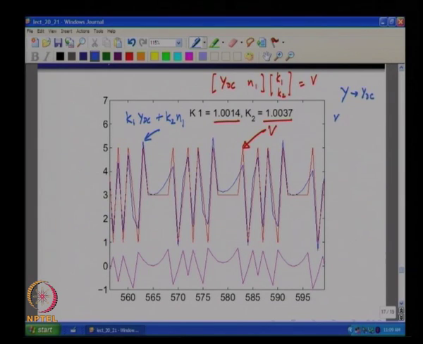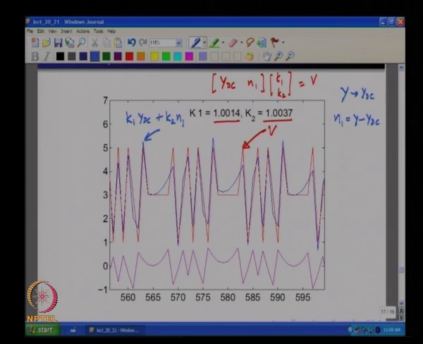Minus YDC. So N1 is simply Y minus YDC. Okay. All right. And I know the output V. So it is quite straightforward to find K1 and K2. It is simply the least square solution which makes the fit the best. Okay. So K1 times YDC plus K2 times N1 is the blue curve shown there.